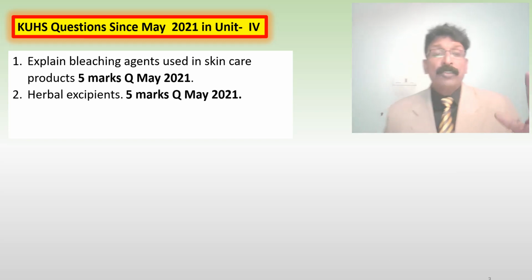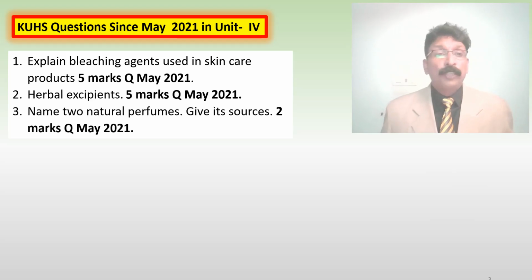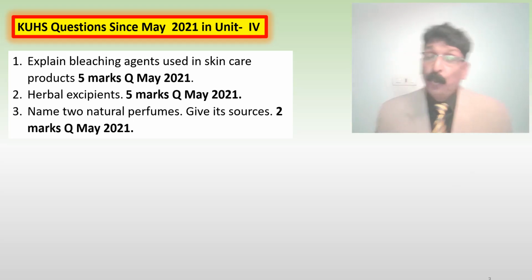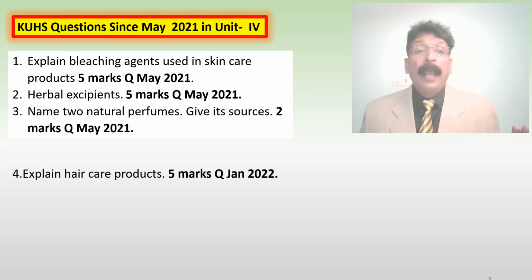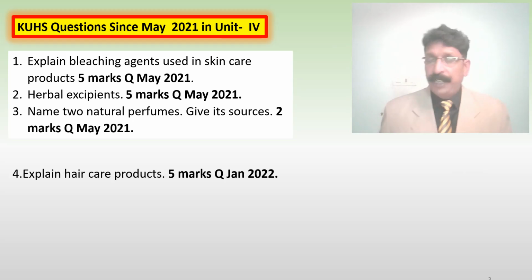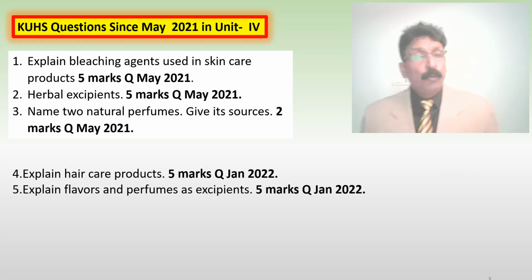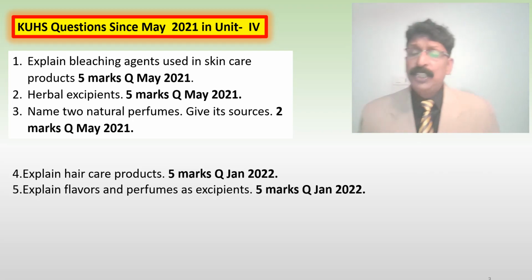Explain excipients: 5-mark question in May 2021. Write 2 natural perfumes, give their sources: 2-mark question, May 2021. Explain hair care products: 5-mark question, June 2022. Explain flavors and perfumes as excipients: 5-mark question, June 2022.